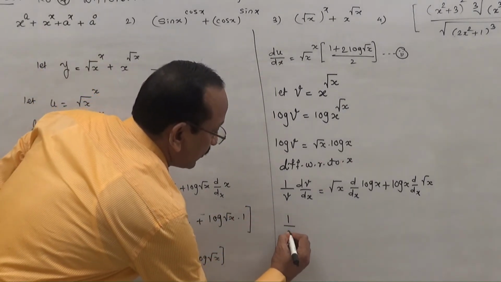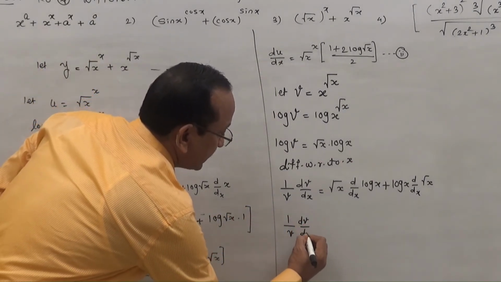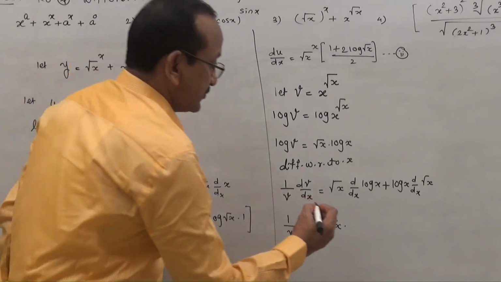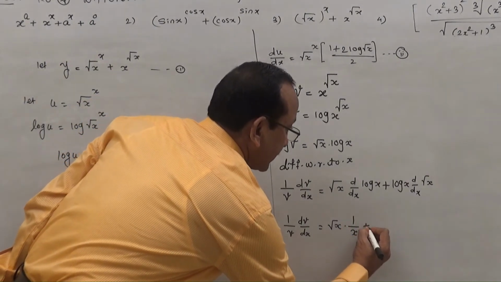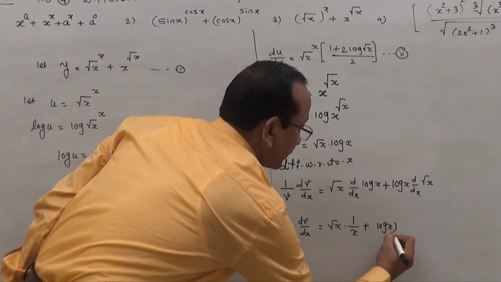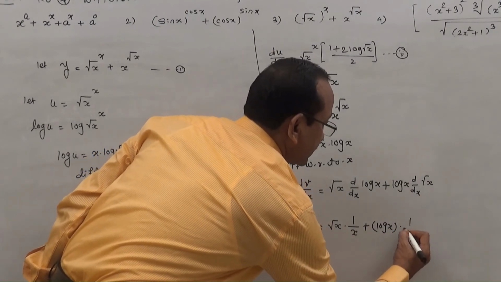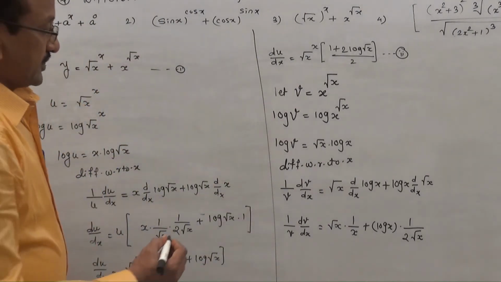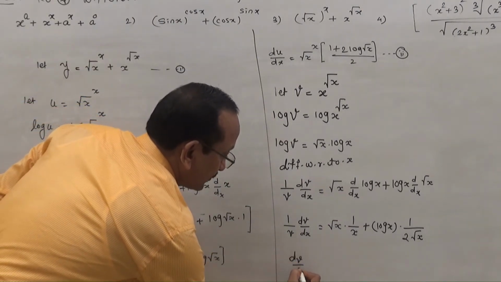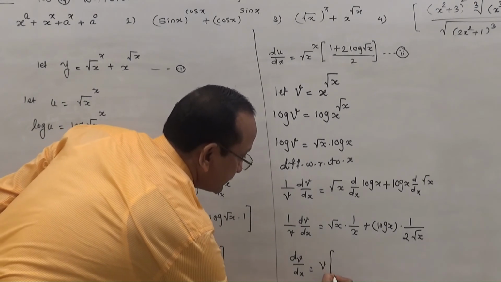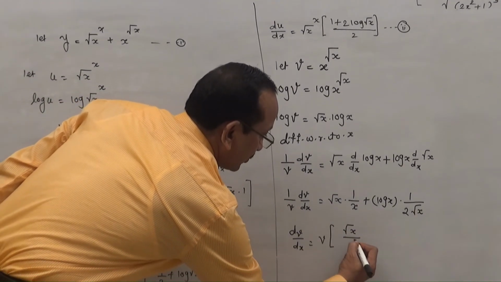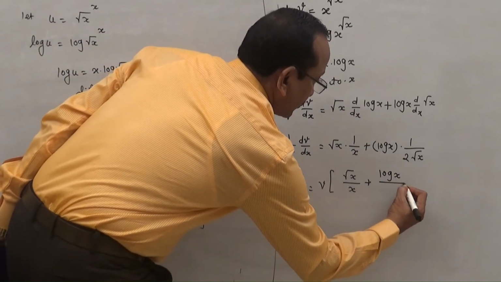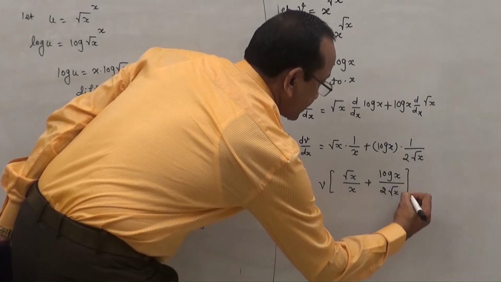Now 1 upon v dv by dx is equal to root x into derivative of log x, which is 1 upon x, plus log of x into derivative of root x, which is 1 upon 2 times root x. Then dv by dx is equal to v times bracket root x upon x plus log x upon 2 times root x.